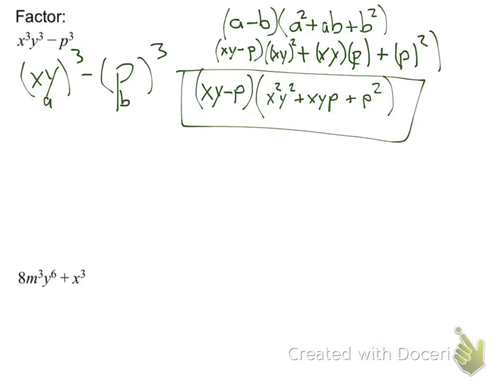Here's the cool thing about factoring a perfect cube. Listen to this, because this is going to be very helpful. The longer set of parentheses there with the a squared and the b squared and the ab is never factorable.